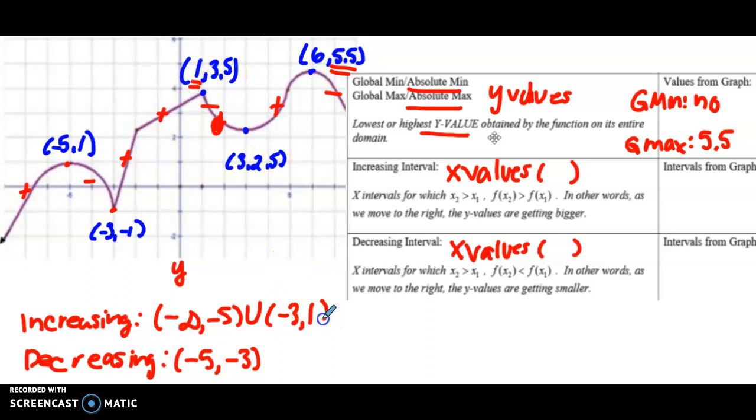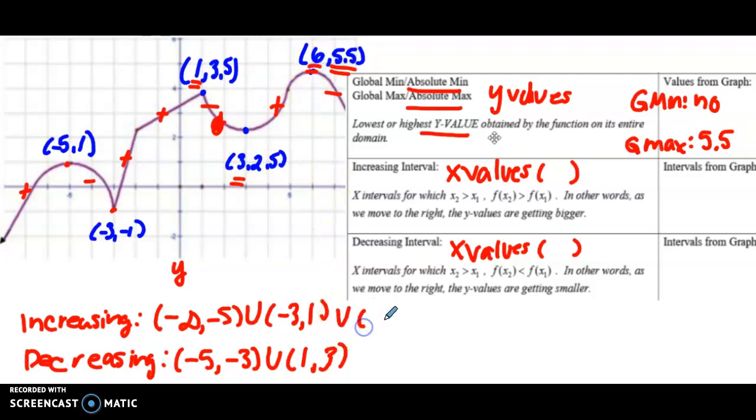Now at +1, I turned and I went downhill. So I went from +1 to +3, where I'm decreasing. And then at +3, notice I started increasing until I got to +6.